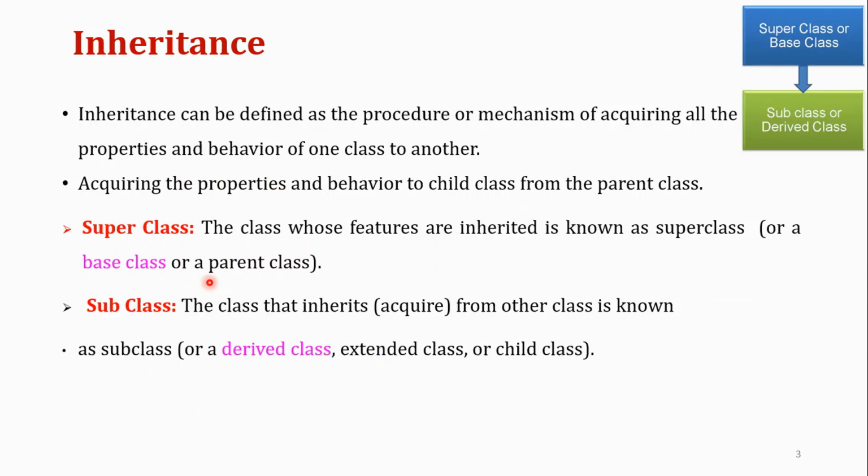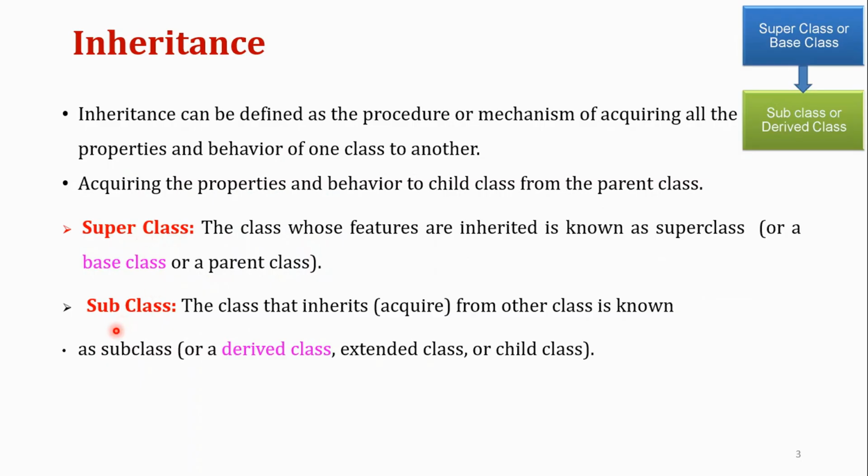So coming to inheritance, it is very simple. It is acquiring the properties, variables and methods, or member data and member functions, from one class to another class. The class which is offering is called a superclass.